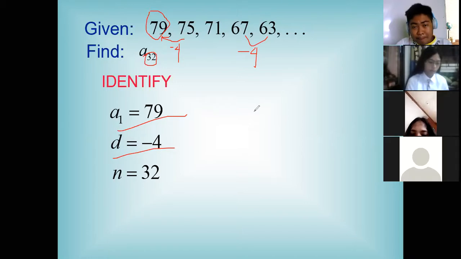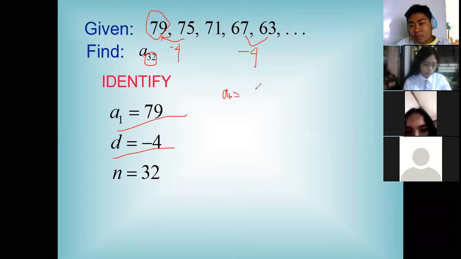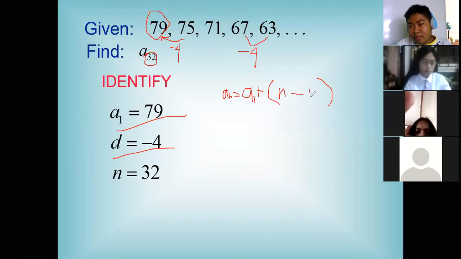Using the formula, an equals a1 plus, open and close parentheses, n minus 1 times the difference. What are we looking for? 32. What is our first term?